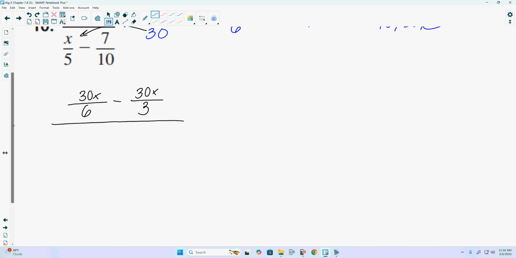We're going to look at the bottoms. 30 times our x over 5 is going to be 30x over 5, minus 30 times 7 is 210. Well, what's 3 times 7? 21. So 30 times 7 is 210.